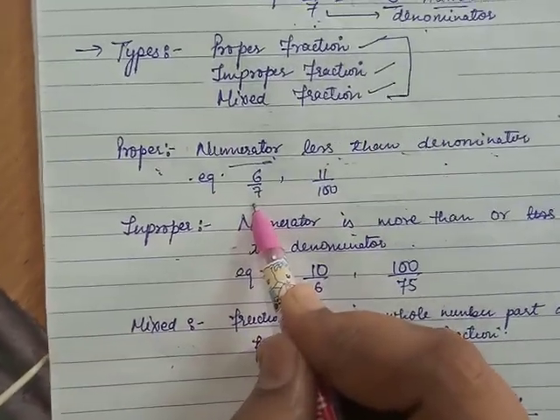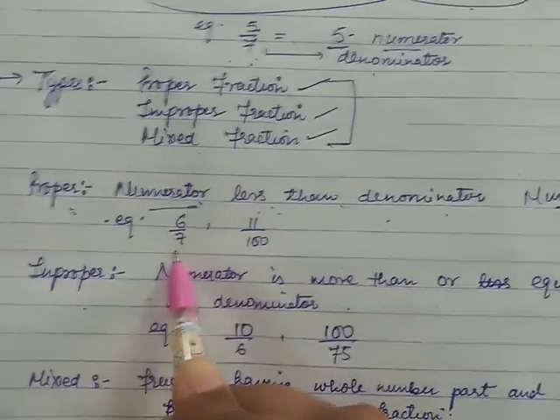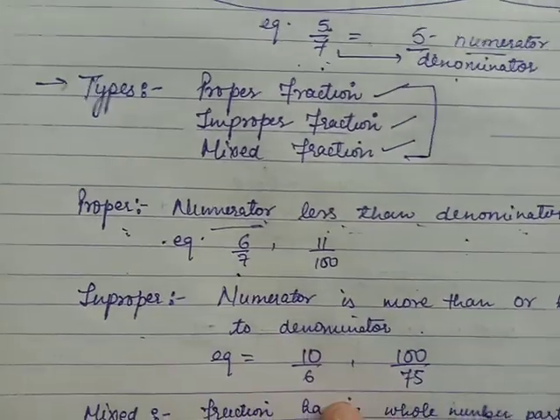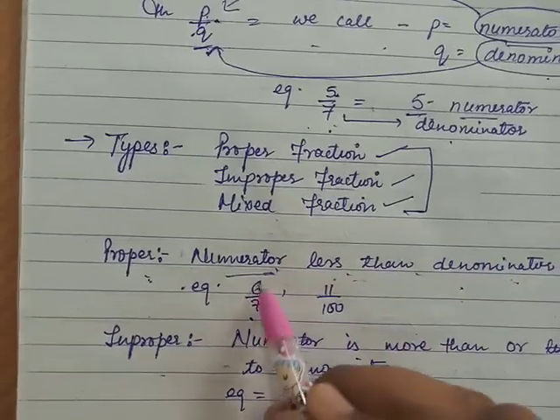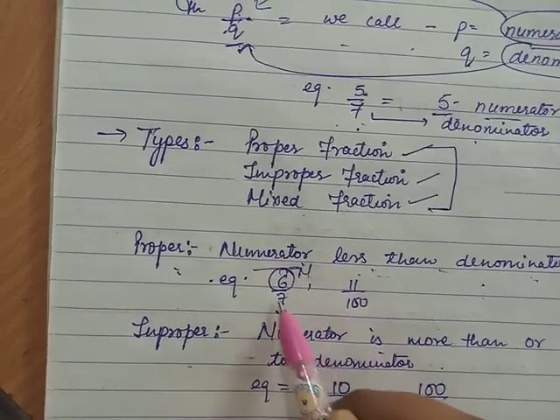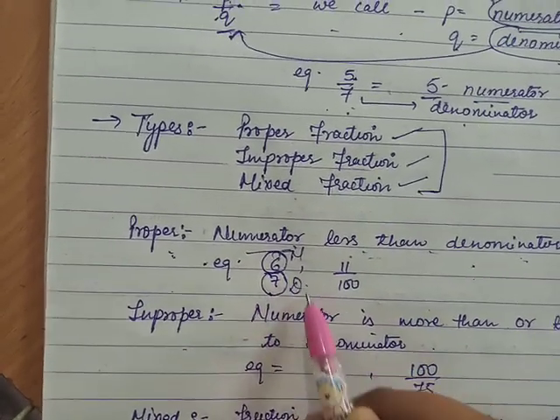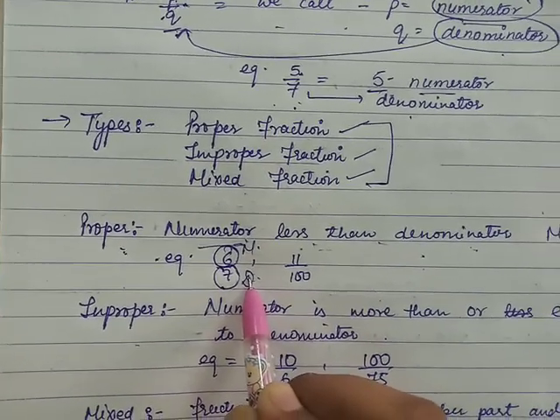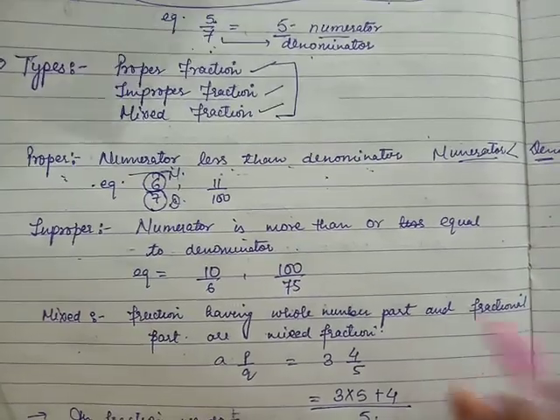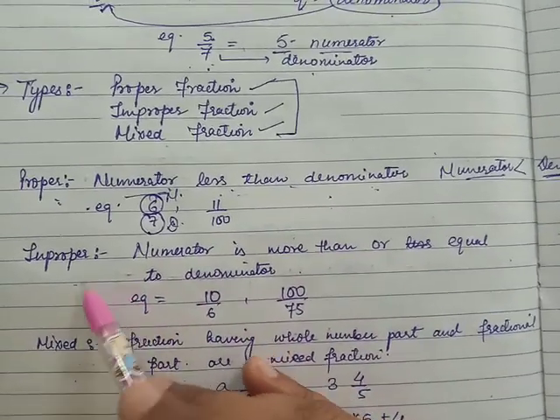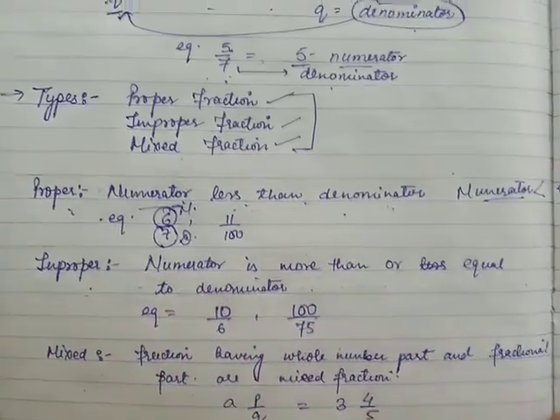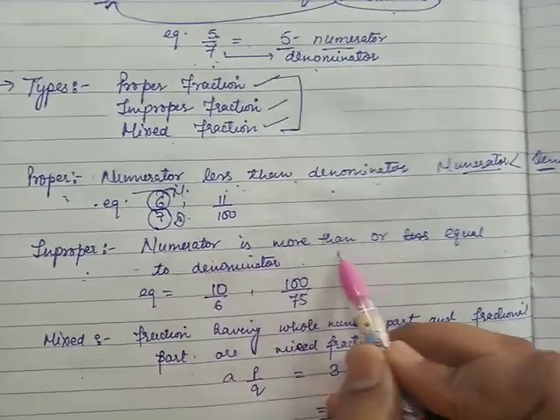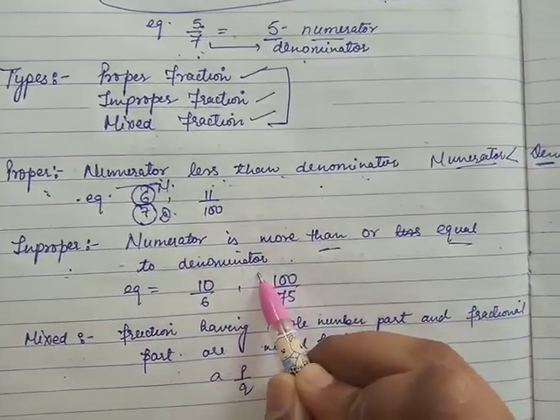For example, 6 by 7 is a proper fraction. Here 6 is the numerator and 7 is the denominator. The numerator is less than the denominator, so it is a proper fraction. Now our second type is improper fraction. In this type, the numerator is more than or equal to the denominator.